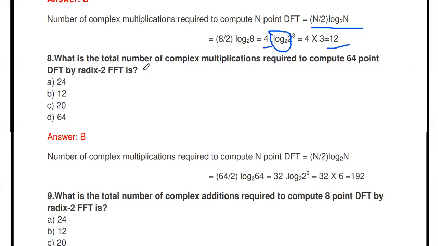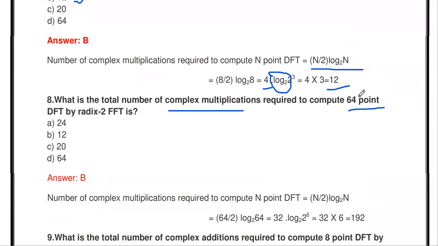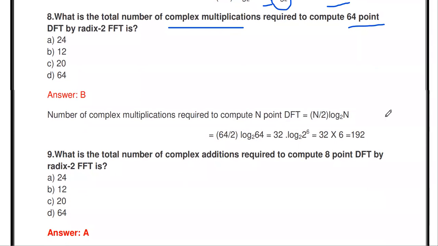Then the next question: what is the total number of complex multiplications required to compute a 64-point DFT? Similar to the previous problem, here the capital N value is given as 64. Write the formula: the number of multiplications needed is n by 2 log n.